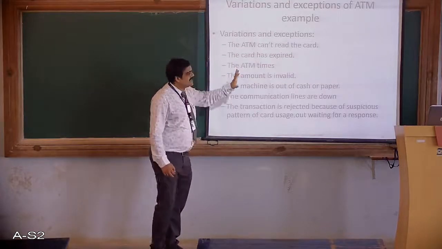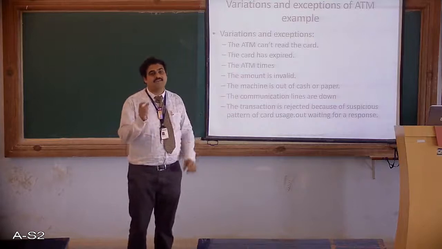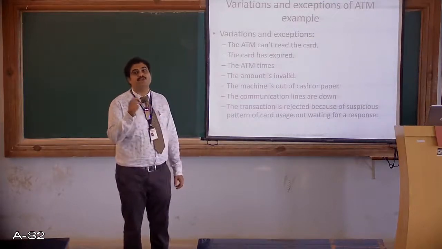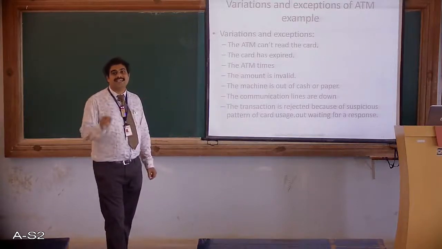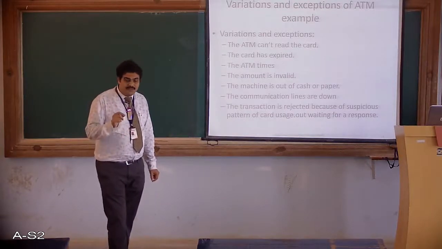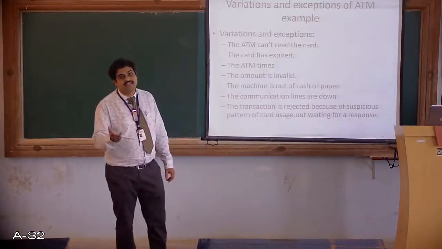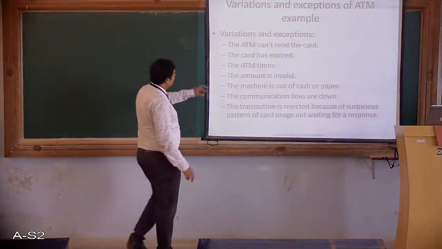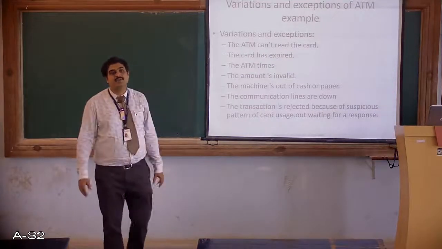Then the card has expired. You are already aware that whenever a bank issues an ATM card, there is an expiry date. So even if you try to use that ATM card after the expiry date, your system should recognize that there is a problem with the card.